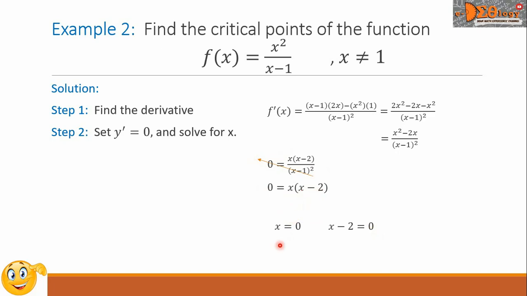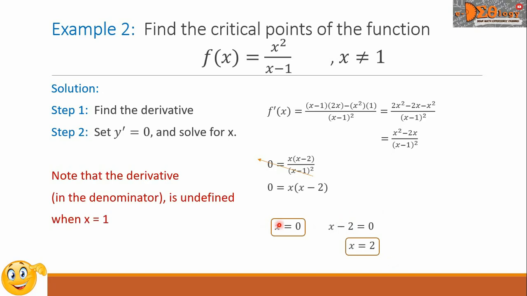We found the first value of x. This is the first critical point, x equals 0. And the second critical point, we transpose this negative 2 to the right side. We have now x is equal to 2. This is another critical point. So in here, we have 2 critical points.